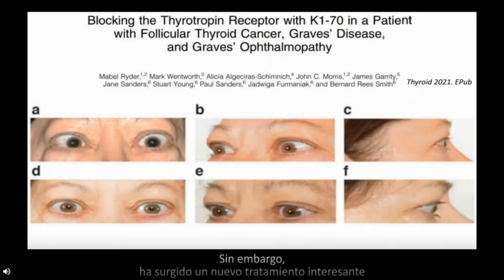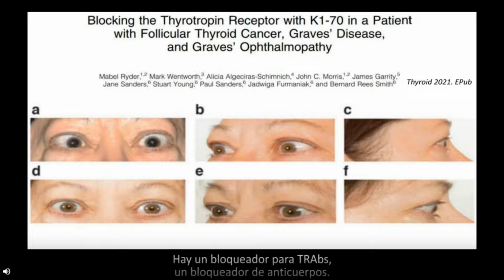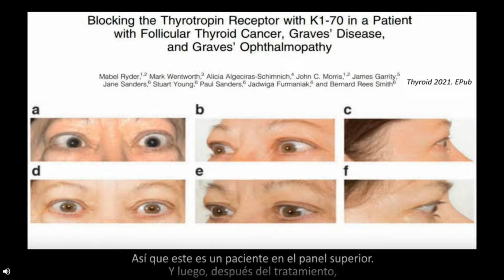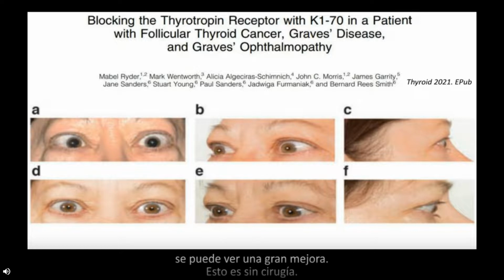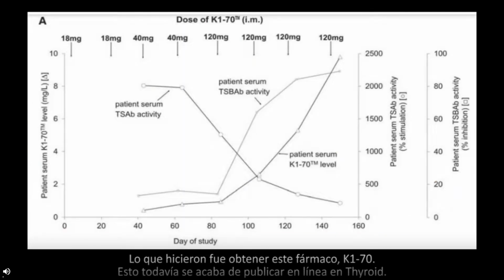However, an interesting new treatment has come out of this TRABs. There's a blocker for TRABs, an antibody blocker. So this is a patient on the upper panel, and then after treatment, you can see there is improvement. This is without surgery. What they did was to give this drug K170.